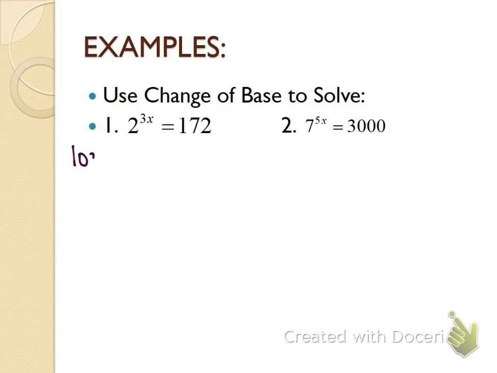So we're going to take log base 2 of 2 to the 3x, none of that's changing, and set it equal to log base 2 of 172. Now this isn't to say that you couldn't have taken just a regular old log of both sides like we did last week.